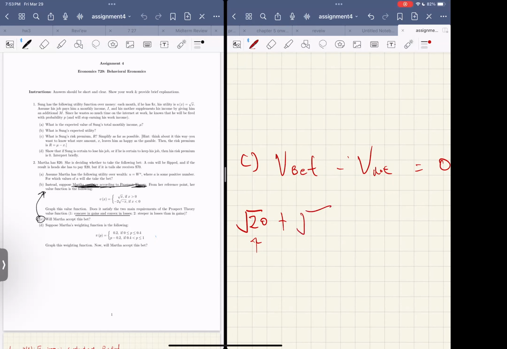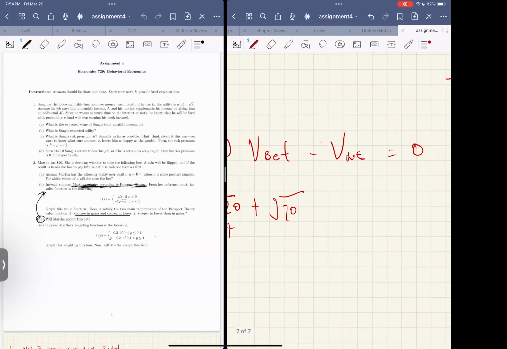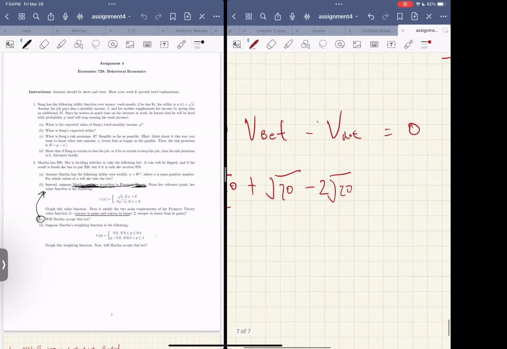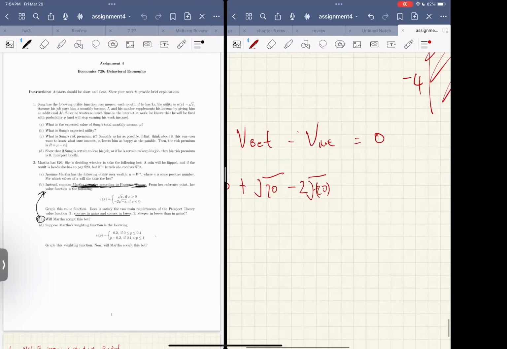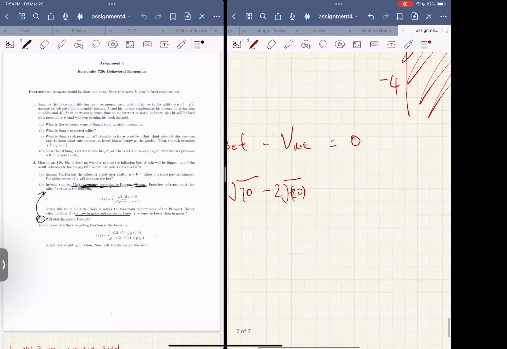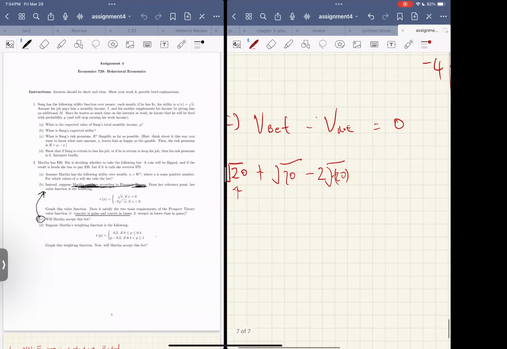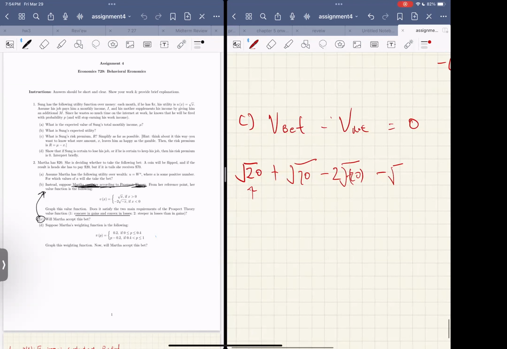Square root of 70 and minus 2 of square root of 20. I'm having a weird feeling, but it's all right. Let's keep going. Minus value of not bet, which is square root of 20.